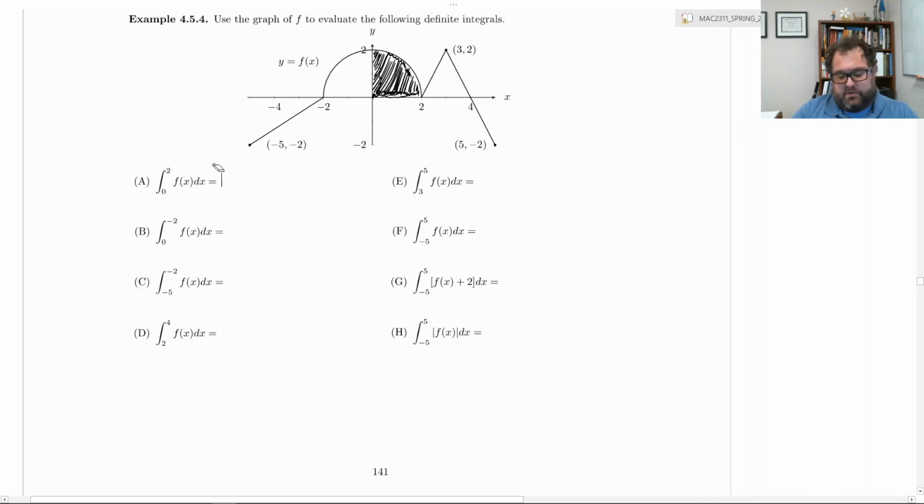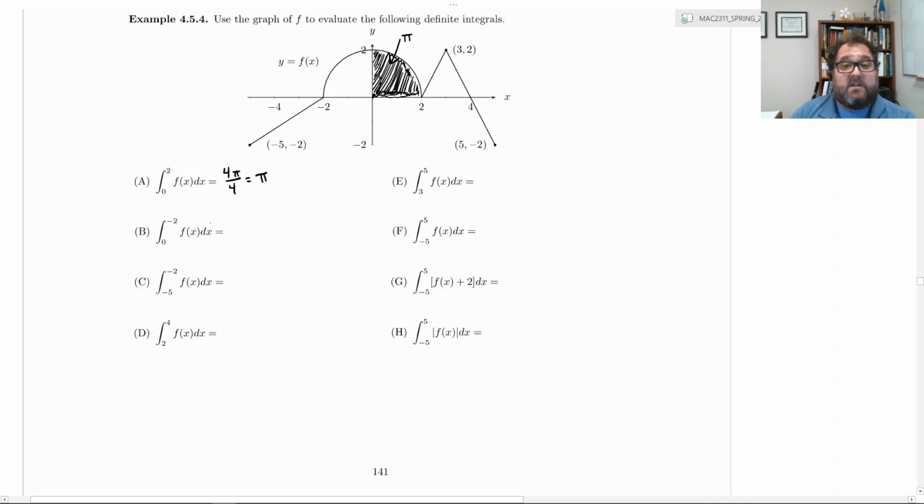So 4 pi would be the entire circle, but we only want a quarter of a circle. So it's 4 pi over 4, which is just pi. Okay, it might help to label these. Let's go ahead and label that pi.